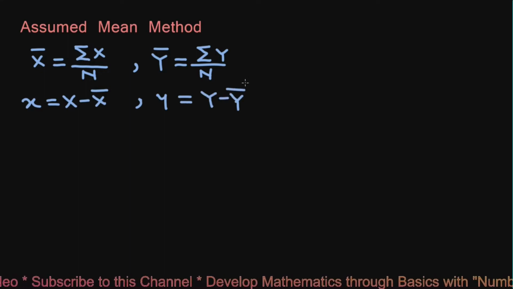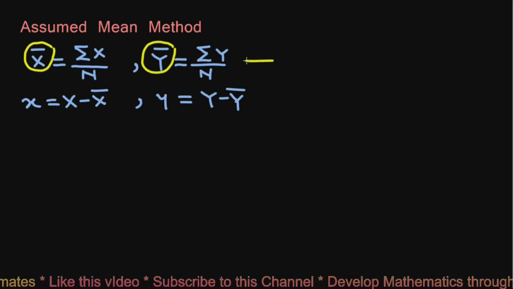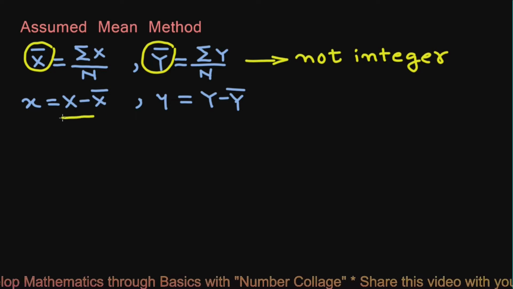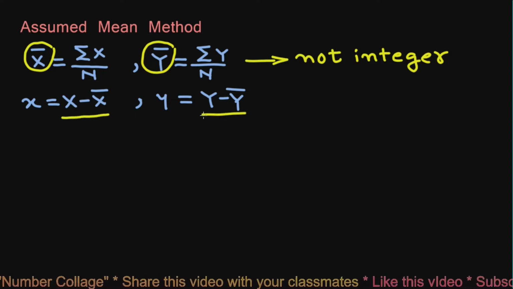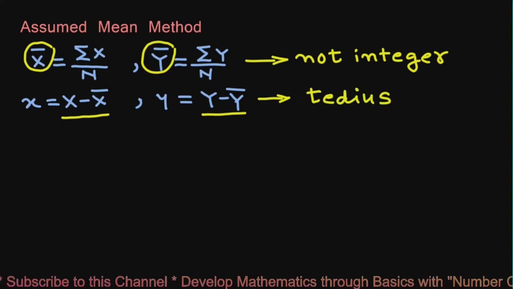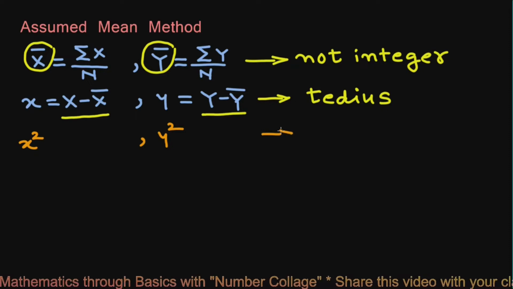But in these cases, suppose x bar and y bar is not an integer, then taking deviations x minus x bar and y minus y bar would become tedious, and finding x square and y square would become more tedious.